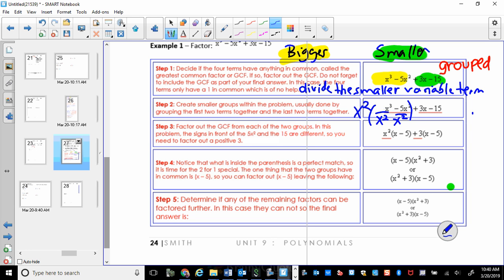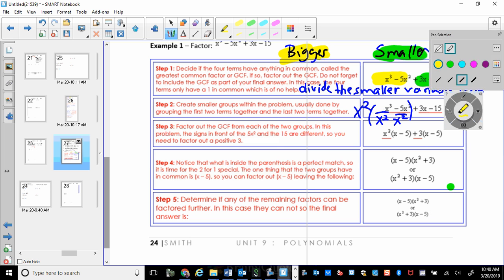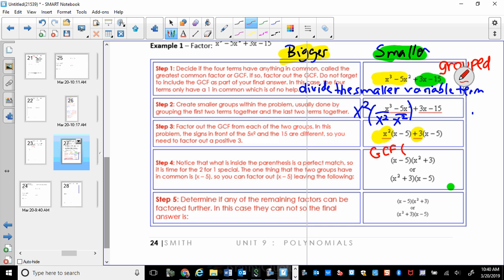With grouping, they're going to ask you to group your greatest common factors together: greatest common factors times the inside expression. Write this down. GCF, parentheses, inside.